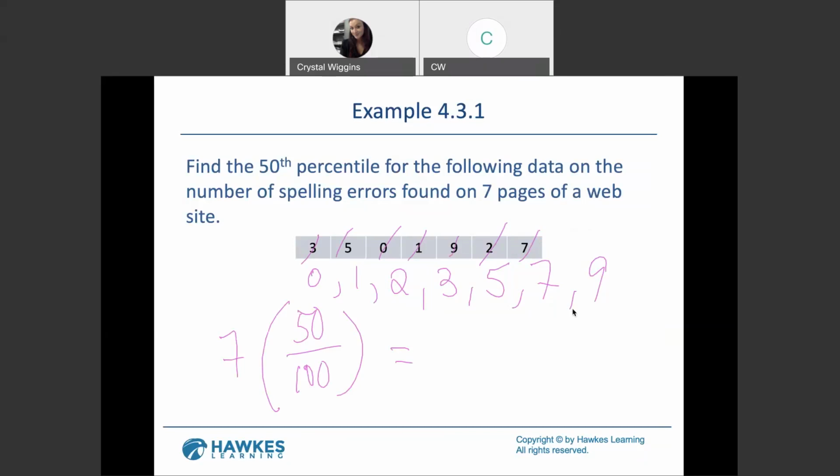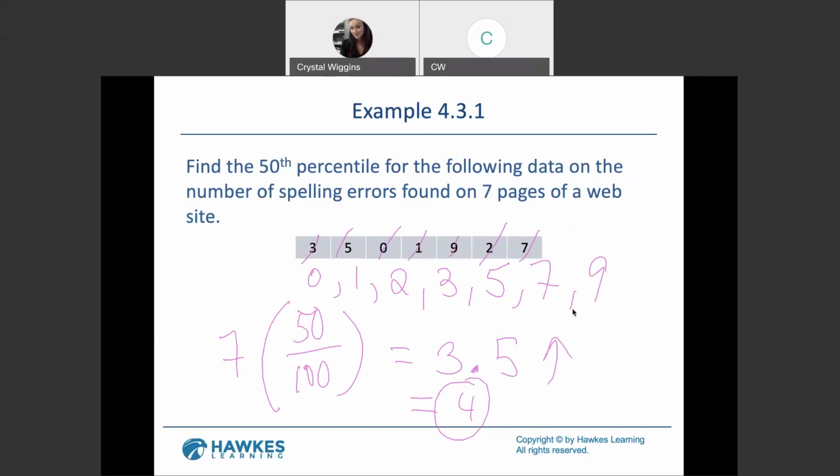When you multiply this out, 7 times 50 over 100, my calculator tells me this comes out to 3.5. This is not an integer. Integers are whole numbers; they don't have decimals. Because this is a decimal and not a whole number, we simply round up to 4. That's saying that the 4th data value in the ordered set marks the 50th percentile.